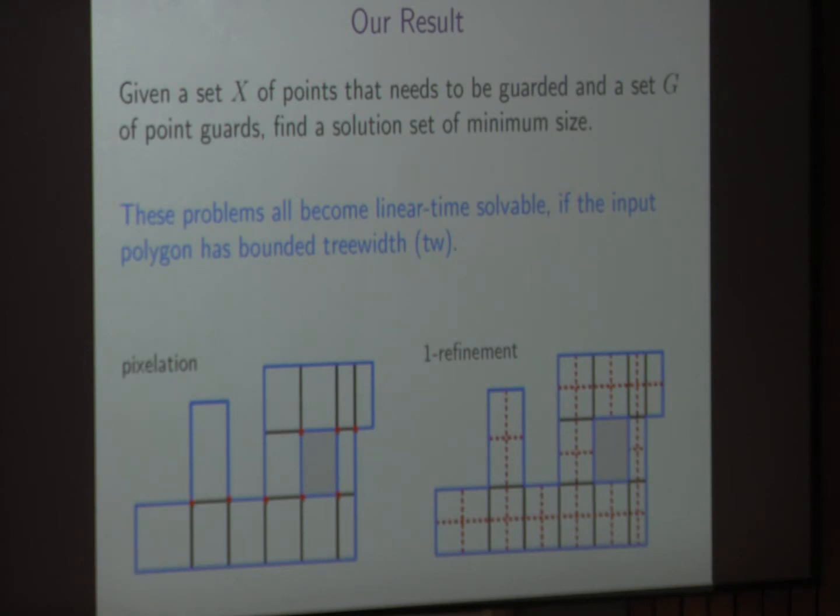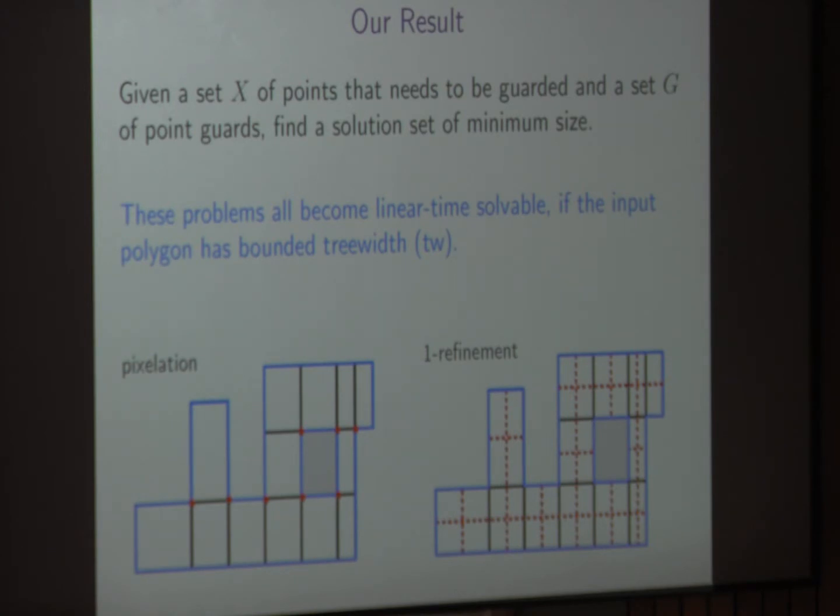And if you further divide each of these pixels into 4 equal size rectangles by drawing these red dashed lines on the right, you will get a one refinement, we called it, partition of the polygon. And if you take exactly this partition as your graph, so you have the vertices as these corners or intersections and the segments as your edges of the graph, this planar graph, we say that if this graph has a bounded Treewidth, then your polygon has a bounded Treewidth.